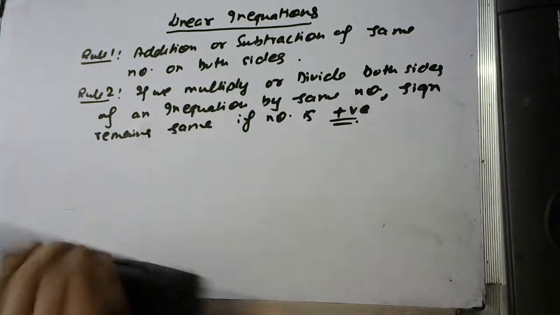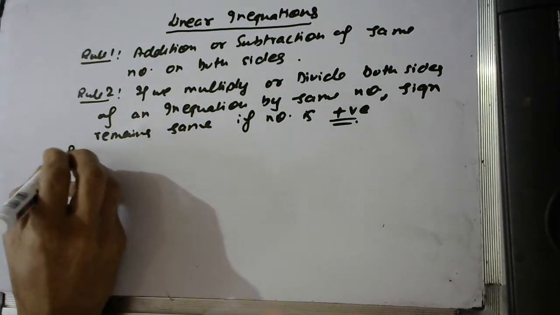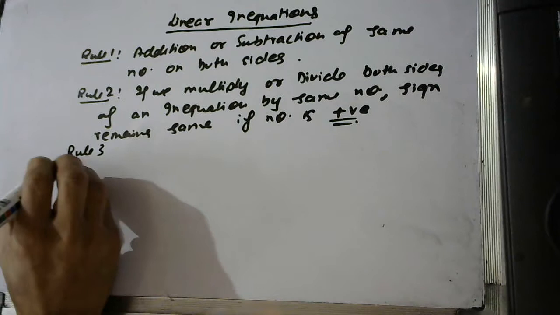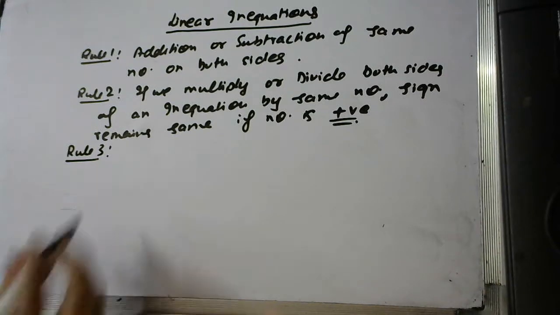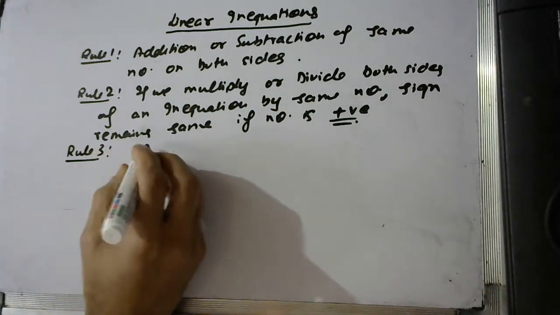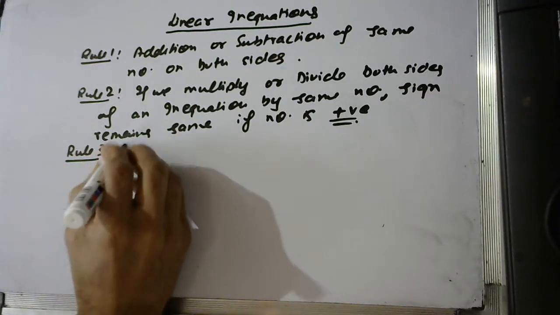However, the sign of inequality reverses if we multiply or divide both sides by a negative quantity. This can be treated as the third rule for solving linear inequations.